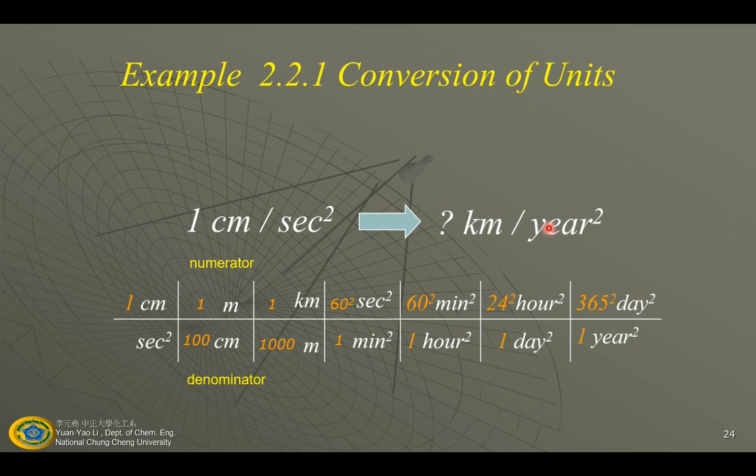So now you convert second to become year, and convert centimeter to become kilometer. In the end you just multiply: 1 times 1 times 1 times 60 power 2, 60 power 2, 24 power 2, 365 power 2. And in the denominator you have 1000, 100, 1000, 1, 1, 1, 1. So in the end you get an answer here.